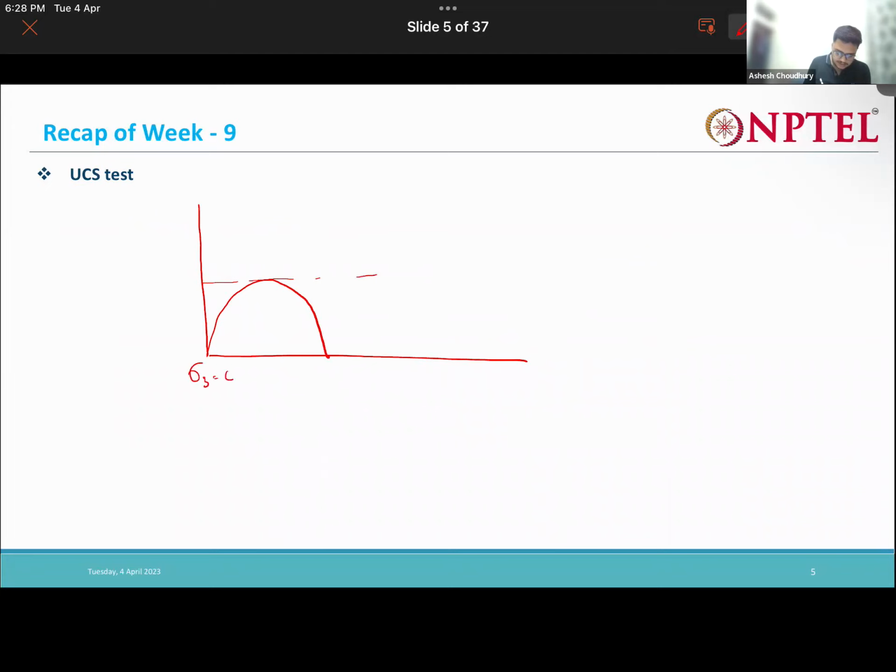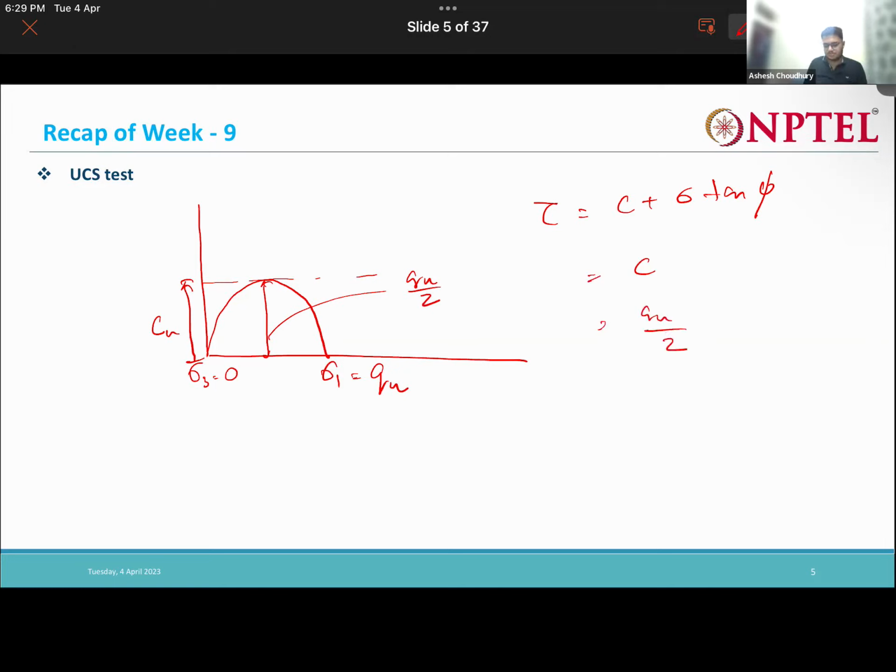Sigma 3 is 0, following which is nothing but my QU. And this gives my C value, the undrained cohesion value. How much is this length? This length is nothing but QU by 2. Now, what is my shear strength? C plus sigma tan phi. So from here, my phi is 0, so it's nothing but C, nothing but QU by 2.